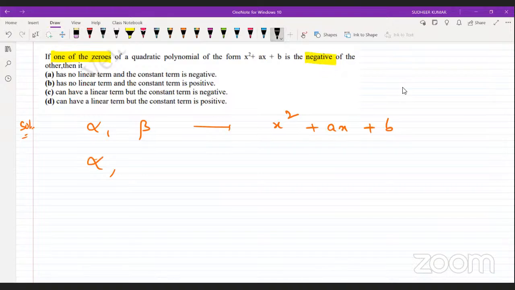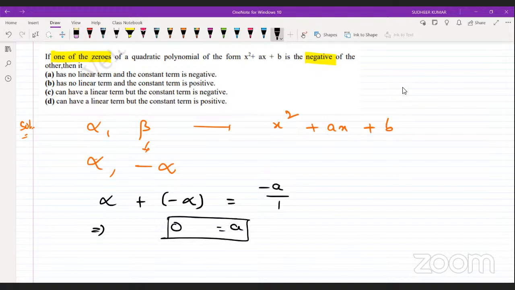When alpha is positive, the other one is negative, so beta we can take as minus alpha. Now let's take the sum of the zeros. Alpha plus minus alpha, that is alpha plus beta, is minus b by a, so the result is 0, a equal to 0.